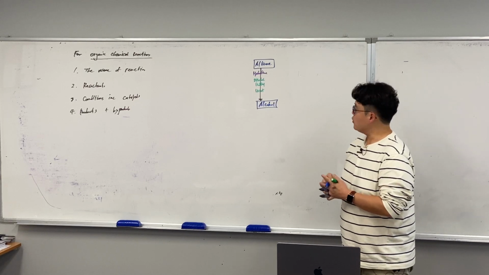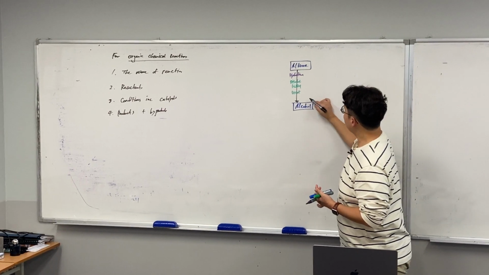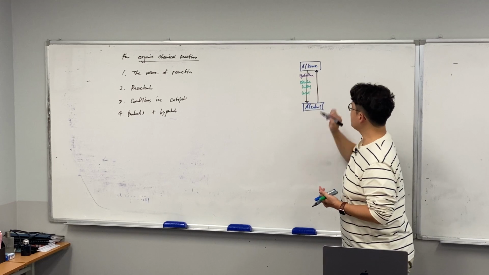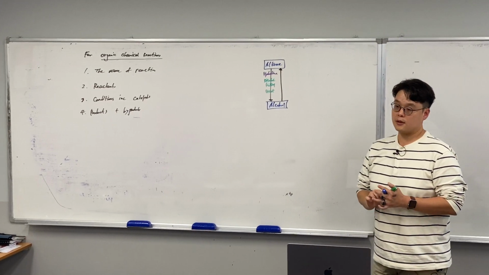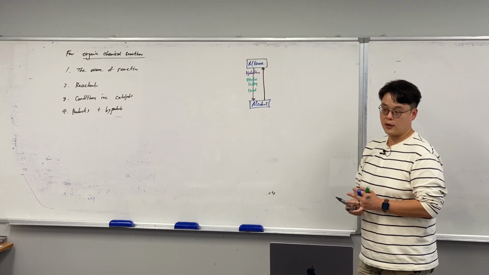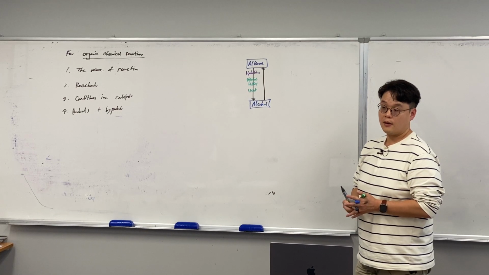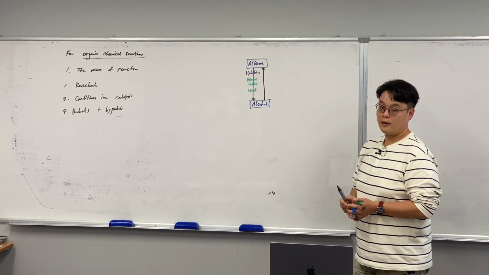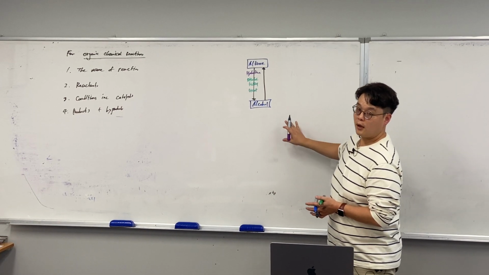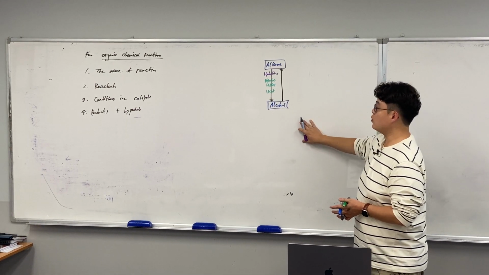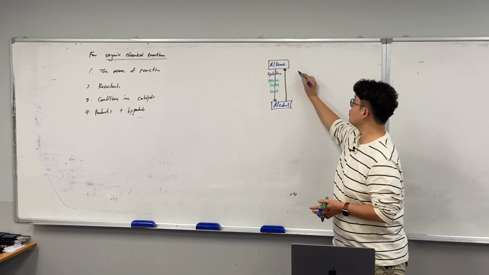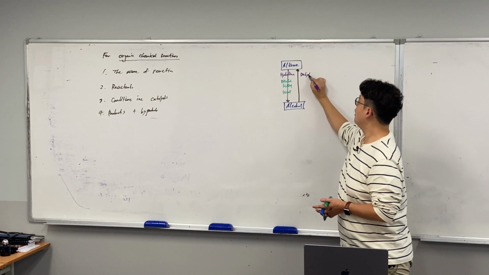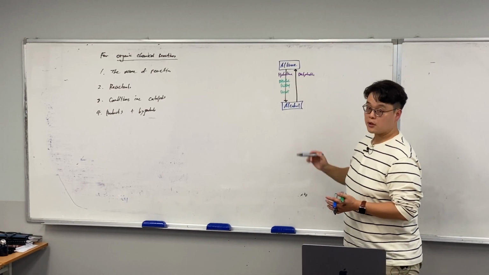What if you're going backwards? Haley, from the alcohol to the alkenes, what if we need to go backwards? We did that last week. From alcohol to alkene, it's called dehydration. What do we need for the dehydration?